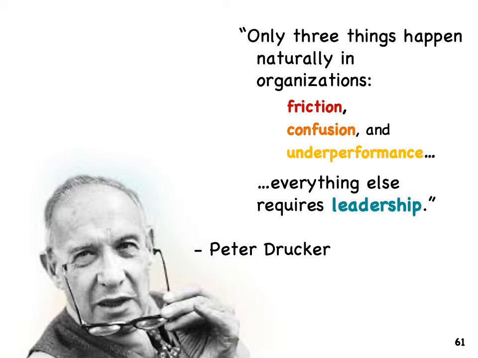Everything else requires leadership. It requires leadership at the individual level. It requires leadership at the team level. It requires leadership in the product, program, process area. And it definitely requires leadership in the portfolio, senior leadership, executive leadership, and C-level leadership.